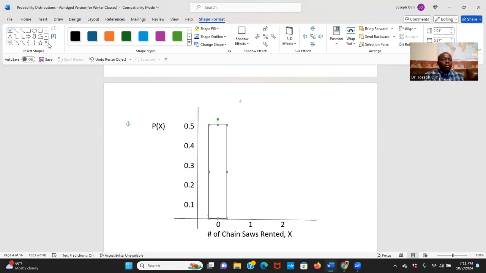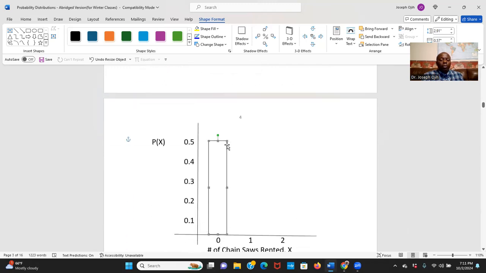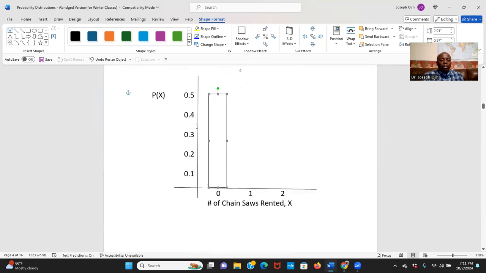For 1, it is 0.33. 0.33 should be around this neighborhood, probably a little bit lower.